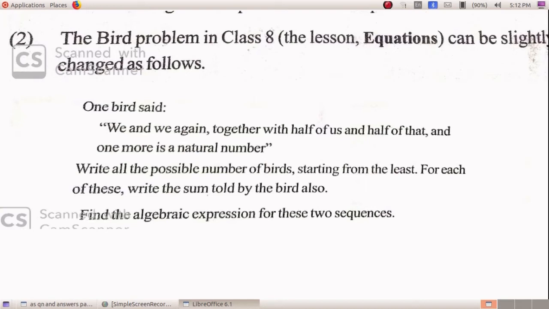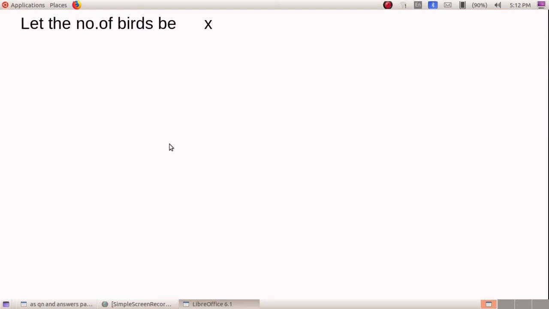Okay, let us start. You have to read the question thoroughly, understand the question, and then answer it. So the answer is like this. Let the number of we be x. Let the number of birds be x.